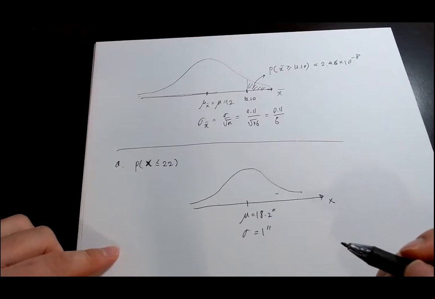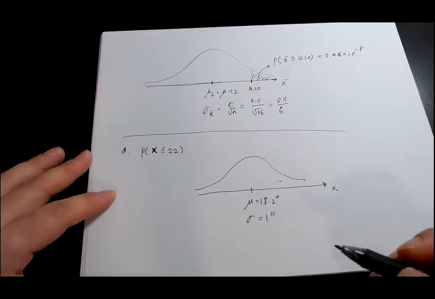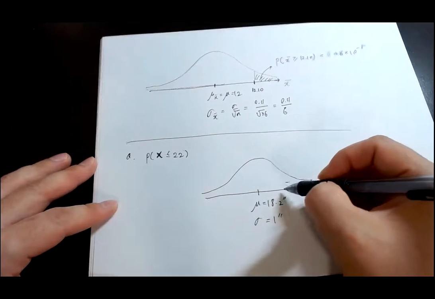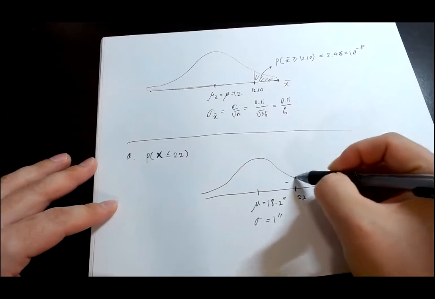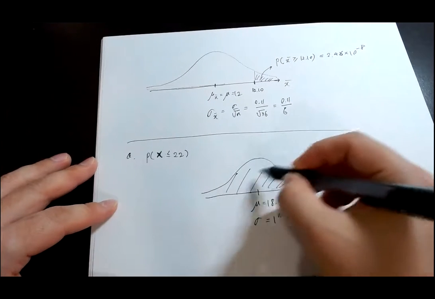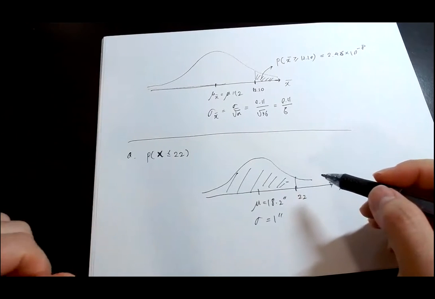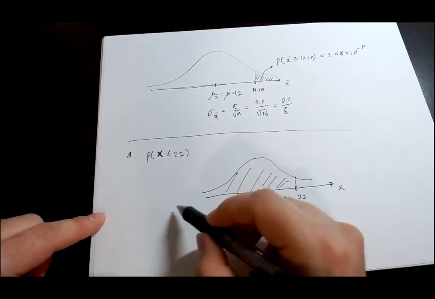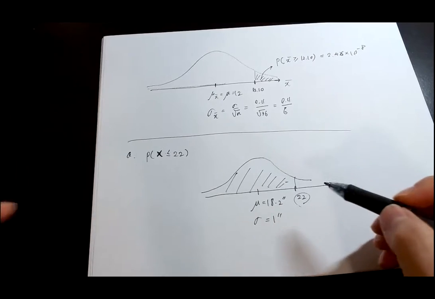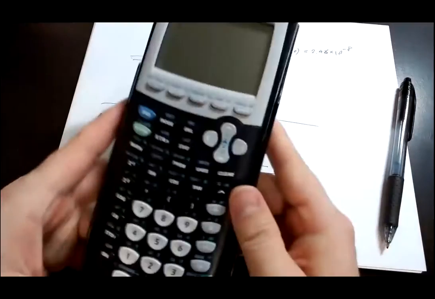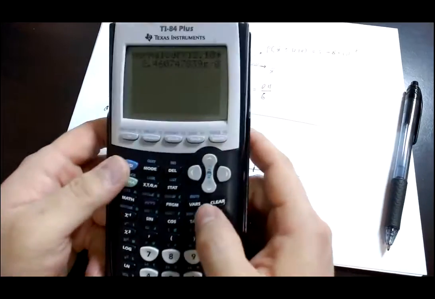Now to find this, x is 22 inches, maybe 22 right here. We need to figure out the area under the curve of the probability distribution of men's shoulder breadth, from negative infinity to 22. Using the calculator, I'm going to use normal CDF, so go to the distribution.